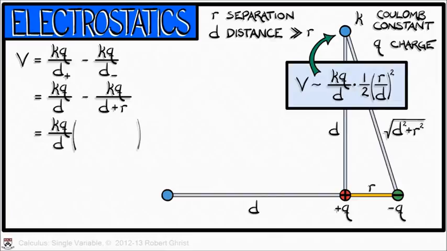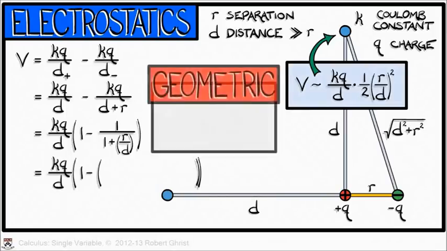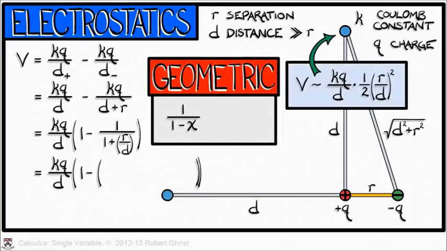Now again, factoring out a kq over d, we get a term on the right-hand side that is of the form 1 over 1 plus r over d. We can expand this out using, if we like, the binomial series with alpha equal to negative 1, or what that really is, the geometric series for 1 over 1 minus x, with x being equal to negative r over d.